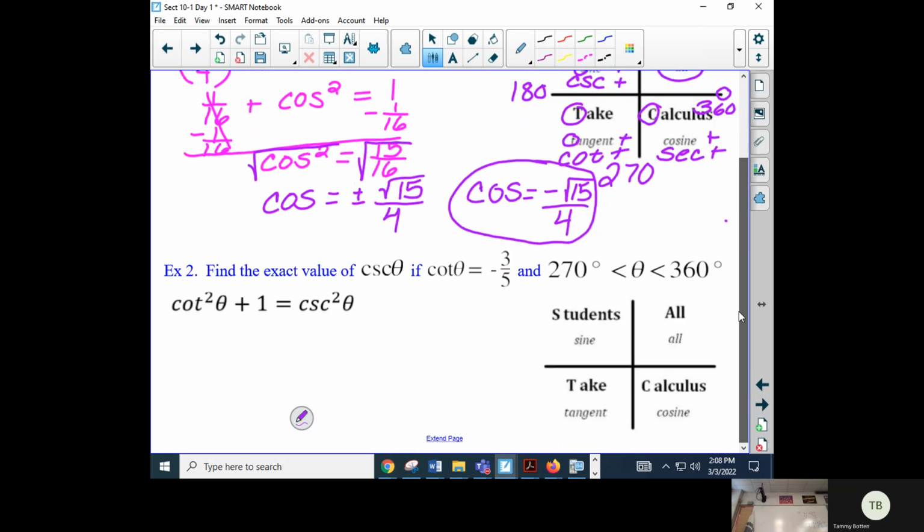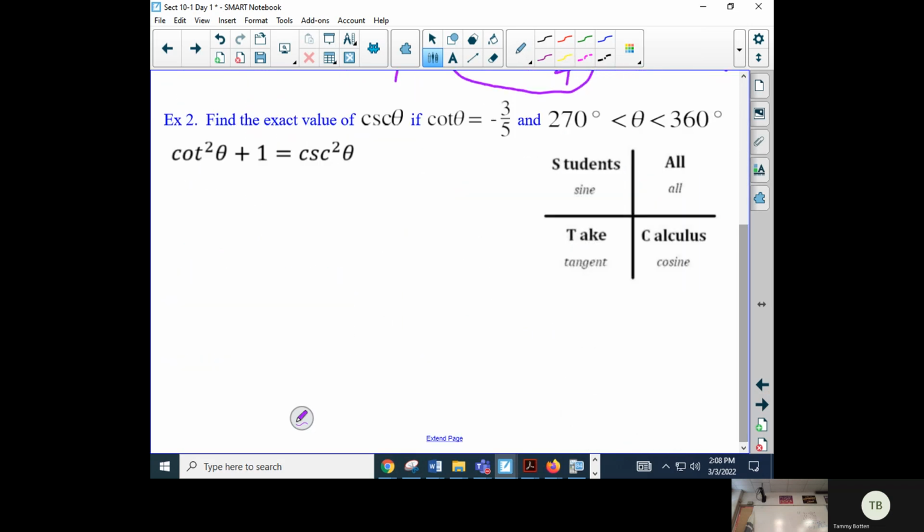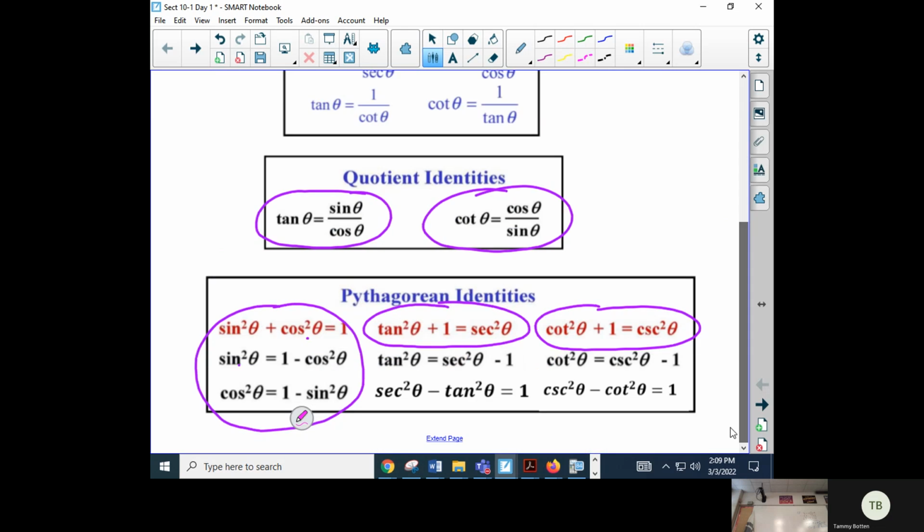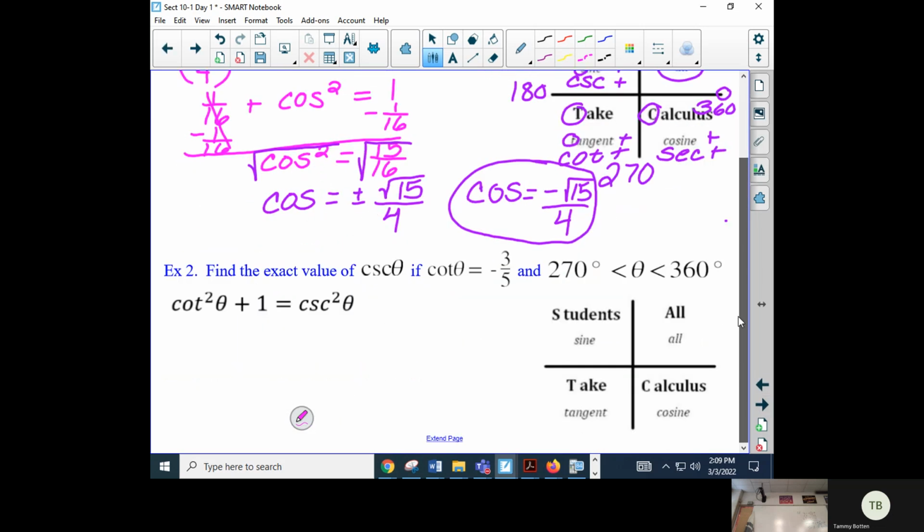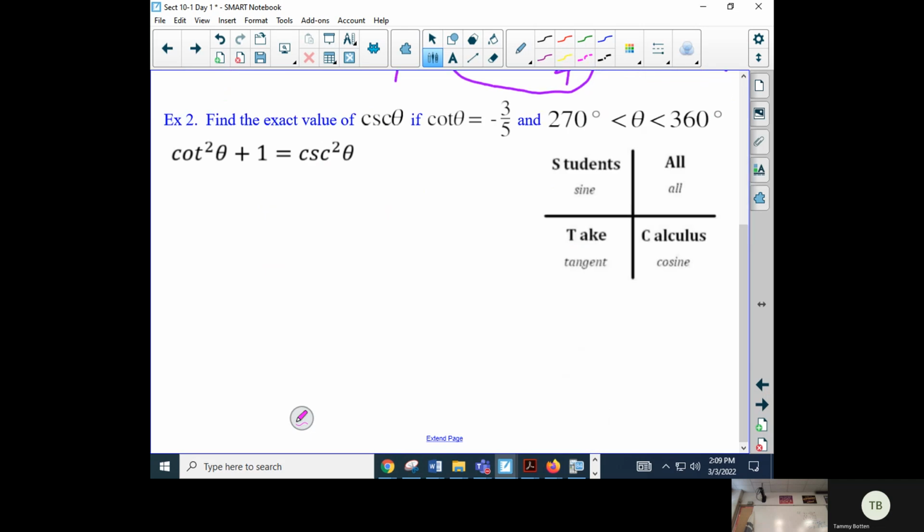Okay. Then if we go to this here, notice I have cotangent. When you have cotangent, you want to go back to these three identities and find the one that has cotangent. So we've used this one right here, okay? So if I go back and go down to that, they're telling me the cotangent is negative 3/5, and I have to square that.